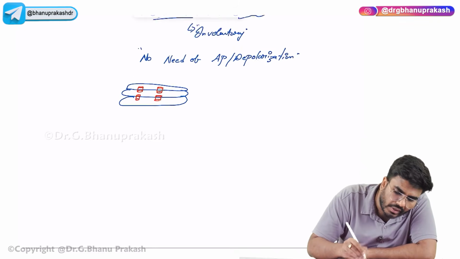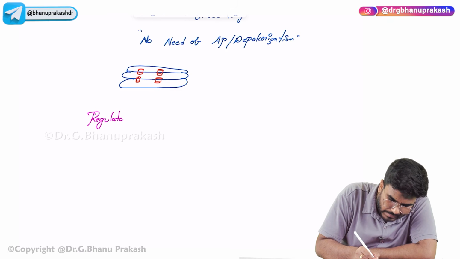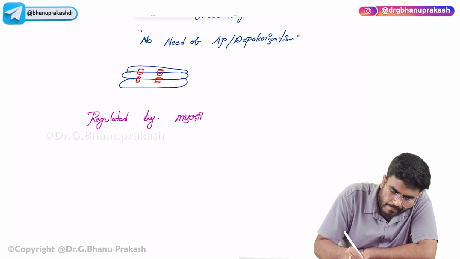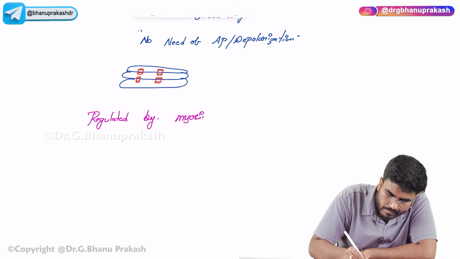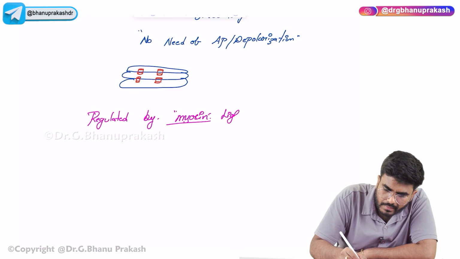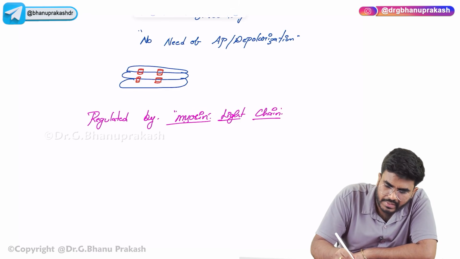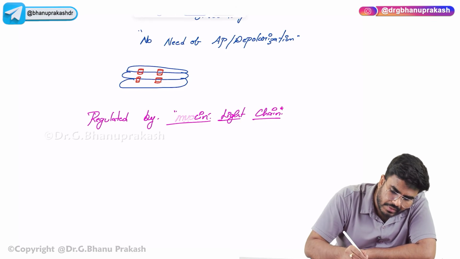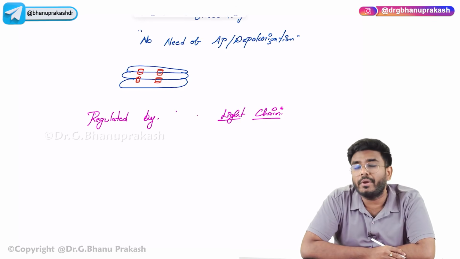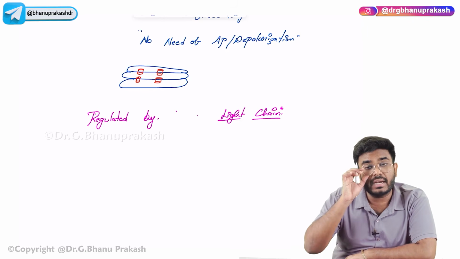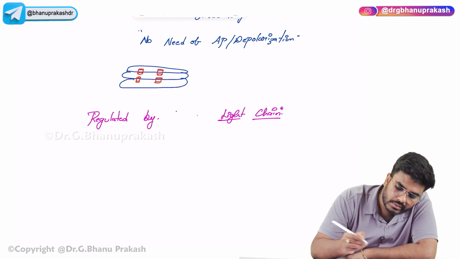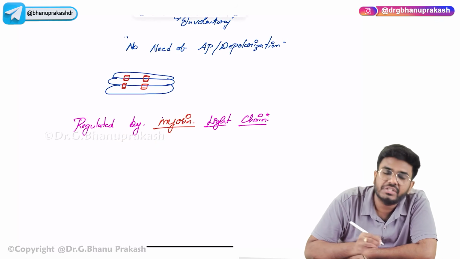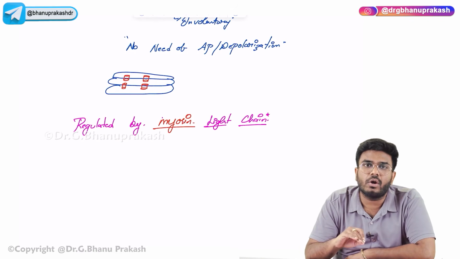Here the smooth muscle contraction is regulated by myosin light chain. In skeletal muscle, we have seen that the contraction is regulated by tropomyosin. Tropomyosin covers the active sites so that actin and myosin do not interact. Here, the smooth muscle contraction is regulated by myosin light chain. It's modified in such a way that it will regulate the contraction of the smooth muscles.